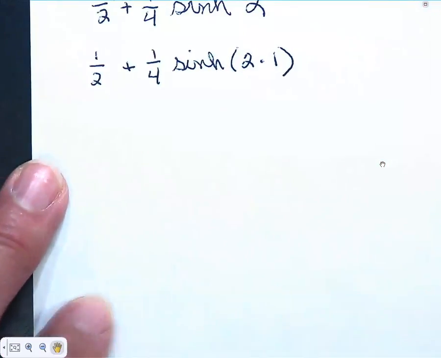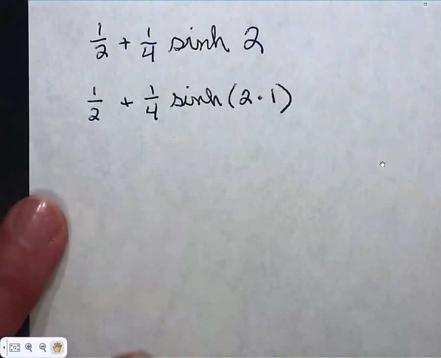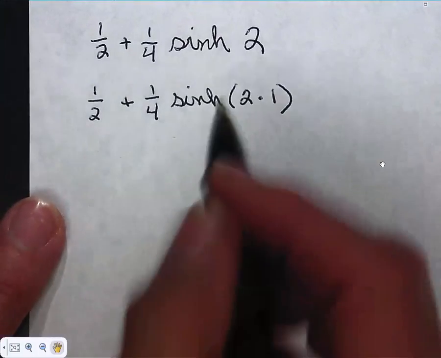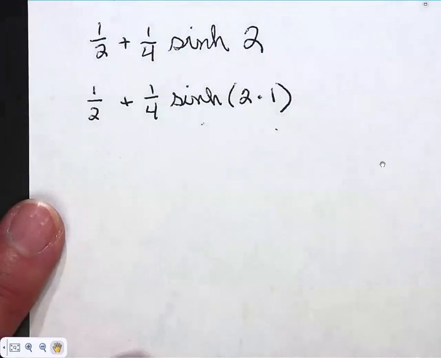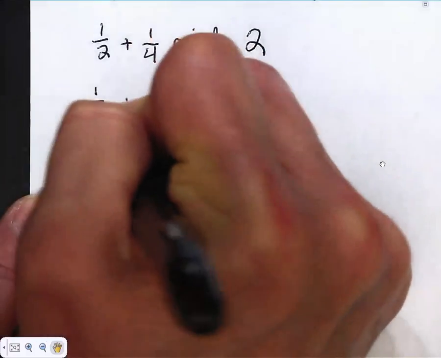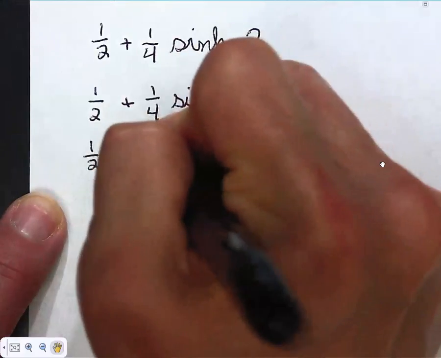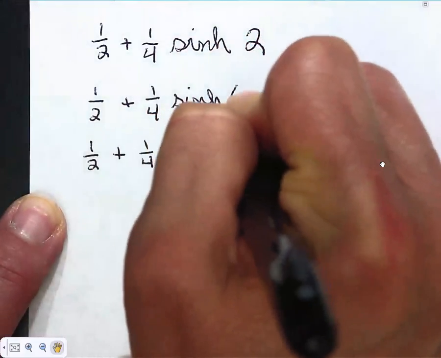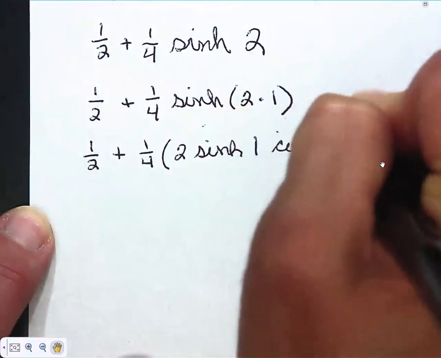Is that a true statement? I mean, not a true statement, but is that equivalent to the line above it? And then they use the double angle formula for sinh 1. I don't know why. The double angle formula for sinh 2 times 1 is 2 sinh 1 cosh 1.